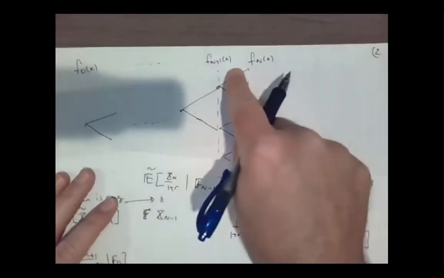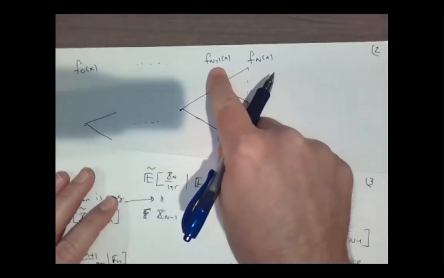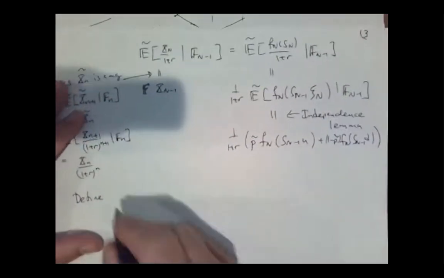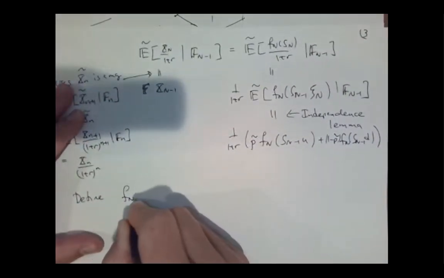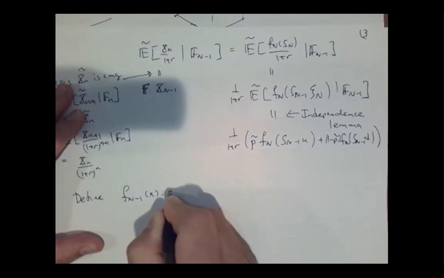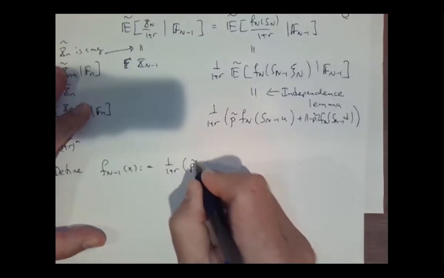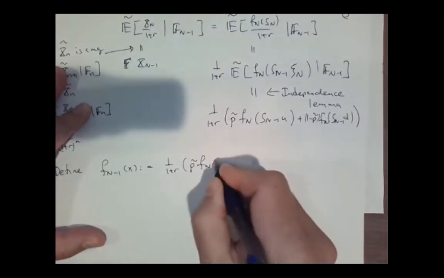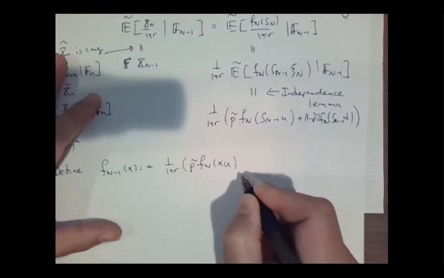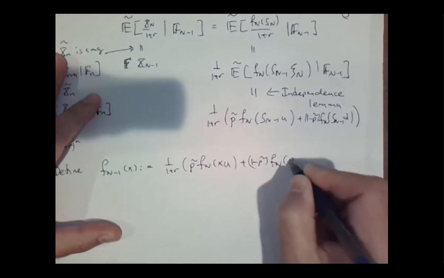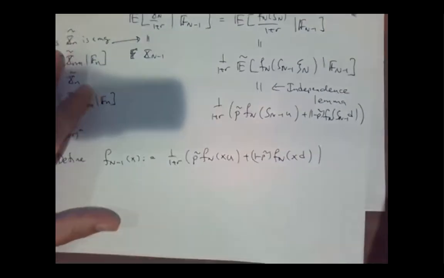So we define, and this was our goal, to iteratively define these functions Fn minus 1, and so on all the way down to 0. Here the next function Fn minus 1 of x will simply be 1 over 1 plus r times p tilde Fn of xu plus 1 minus p tilde Fn of xd. That's our next function.